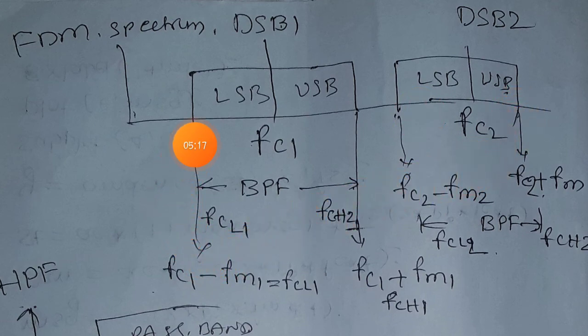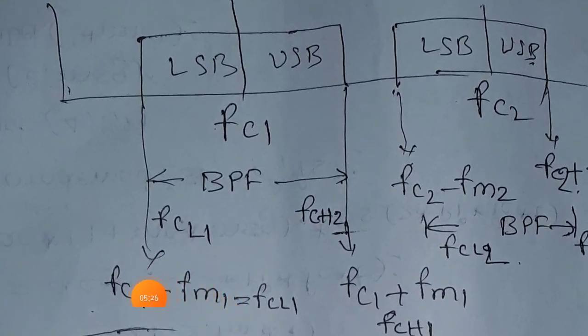So see the limits of the bandwidth of the DSBSC1. So the DSBSC1 bandwidth is, FC1 minus FM1 is the lower frequency, and FC1 plus FM1 is the higher frequency. So you have to select the band pass filter with the limits of FC1 minus FM1 and FC1 plus FM1.